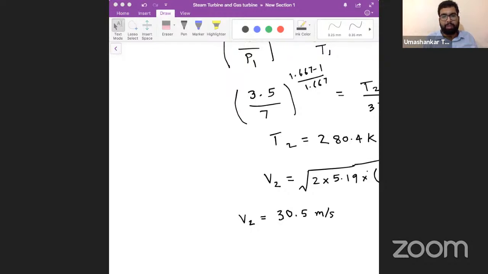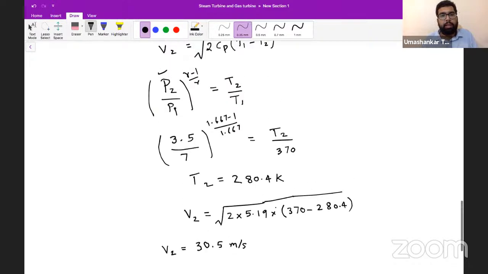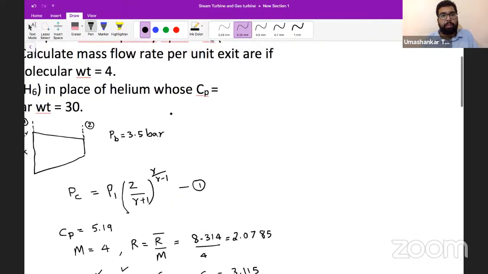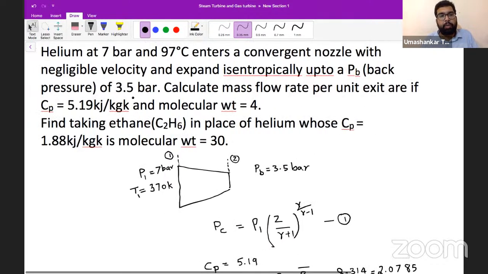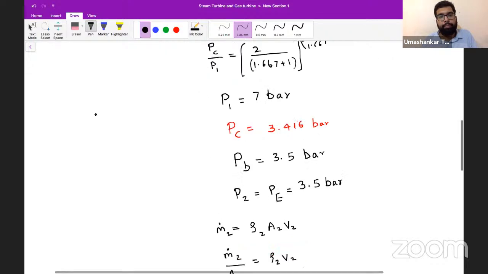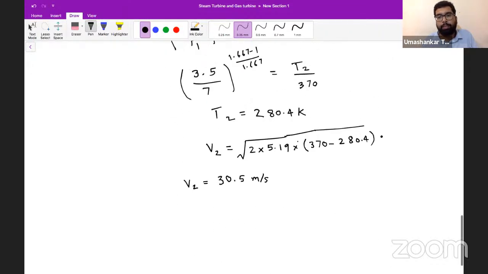Oh my God, what a mistake. You are giving me the answer in meter per second by putting the value of Cp as 5.19 kilojoule per kg Kelvin. You have to multiply by 1000 here as well, yes or no?